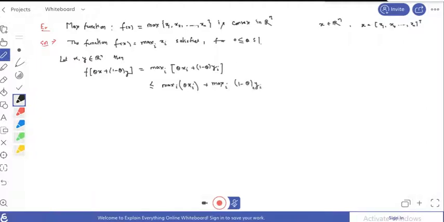For example, suppose xi has components 1, 2, 3 and yi has components 2, 3, 4.